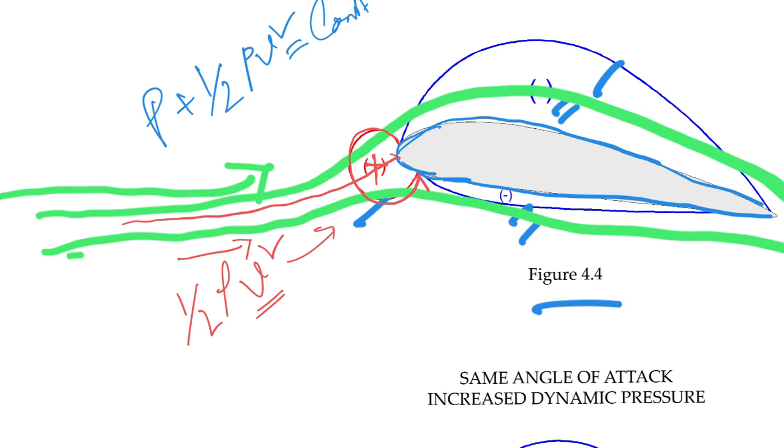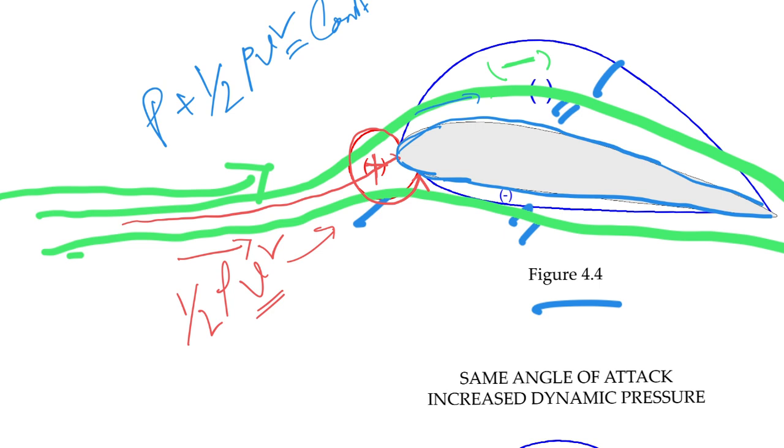So airflow over the wing is increased, that's why static pressure will decrease. The static pressure decrease is shown as minus, okay.